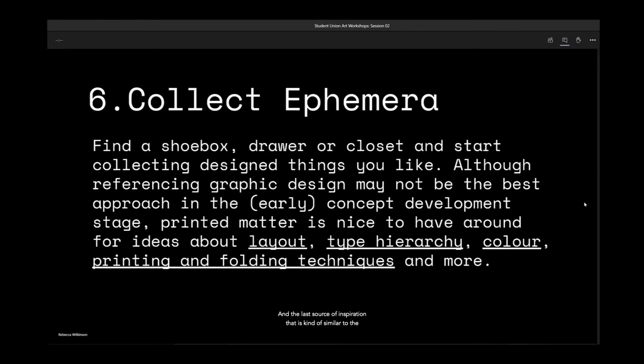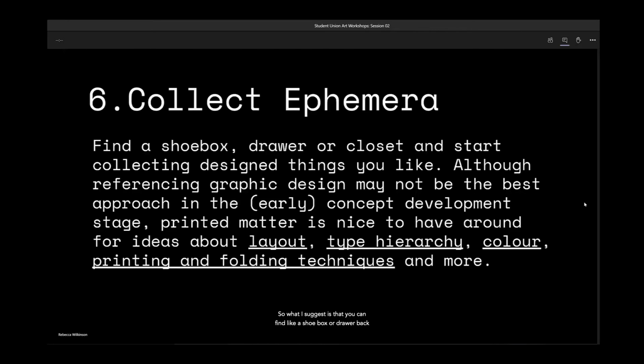And the last source of inspiration, which is similar to the one I just showed you, but I think is really important for any artist or designer to start working on right away, is to collect designed things. So we're designers. We need to be interested in other design work. We need to understand what's happening around us, and we need to collect these things.